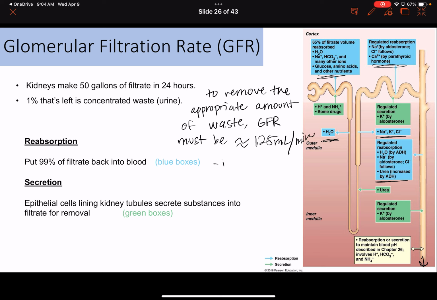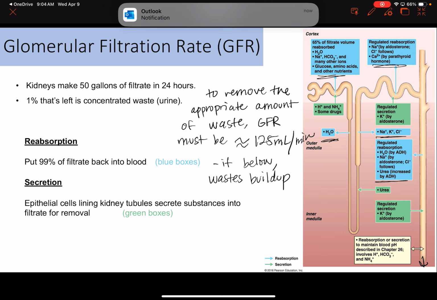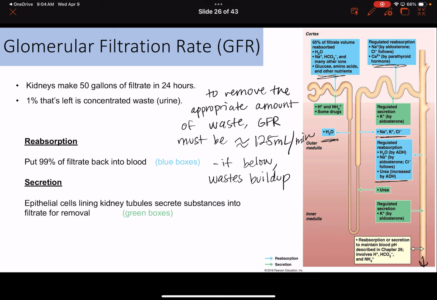If it's below that, waste can build up, which can eventually make us sick. So we need to stay at that 125 milliliters per minute. If you're lower than that 125 milliliters per minute, which can cause other symptoms. You have to get pretty low in order to need, we'll talk about dialysis later. Your GFR has to be all the way down to like 15.